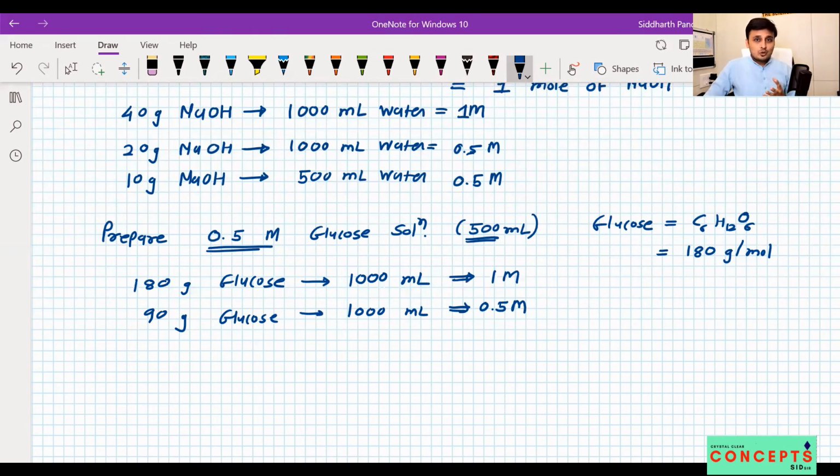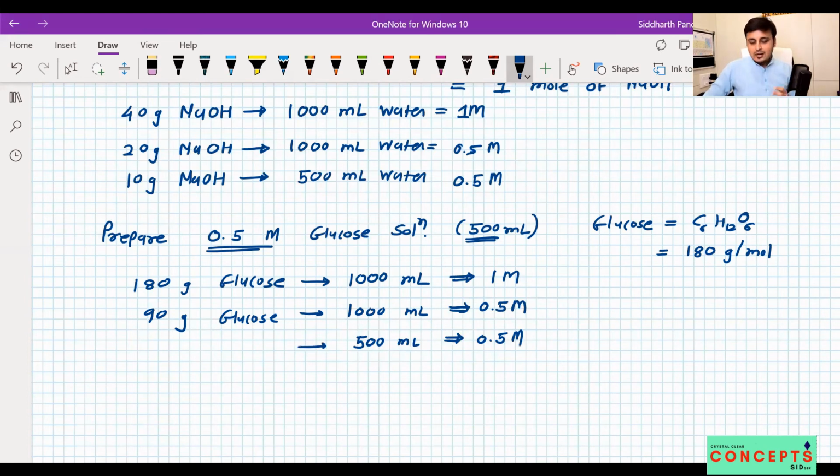Suppose I want to change the volume also, but keeping the concentration constant at this time. I don't want to change the concentration now. So I will keep the concentration constant, that is 0.5 molar only. I am reducing volume to the half volume.